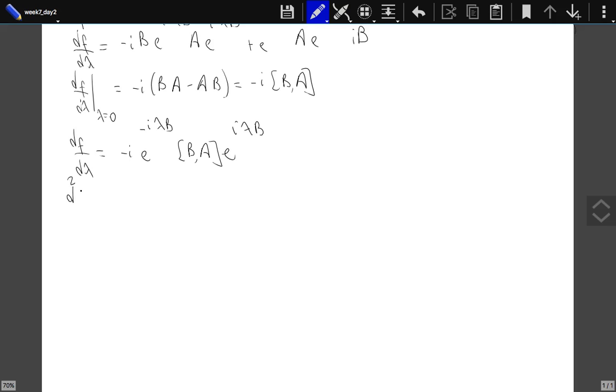Well, if you take a second derivative, the derivative with respect to lambda always will replace the operator in between these exponentials by its commutator with B with a factor of minus i. So the second derivative will also do the same thing. There will be an additional factor of minus i, and the operator in between will be replaced by its commutator with B.